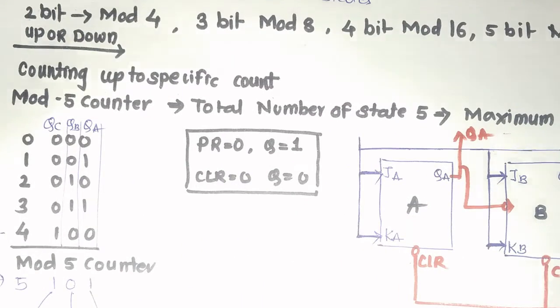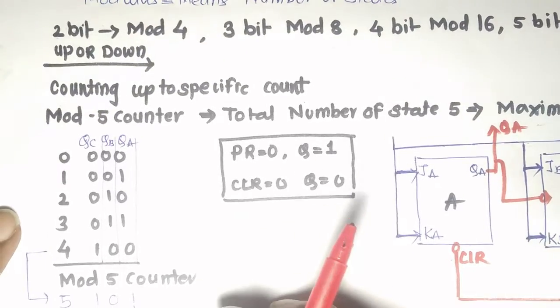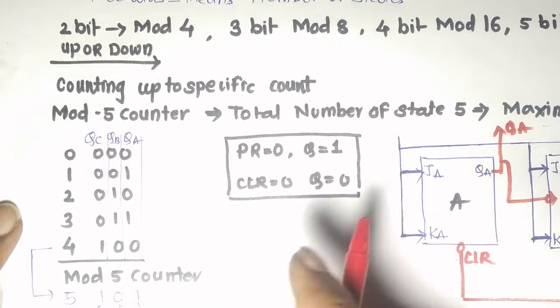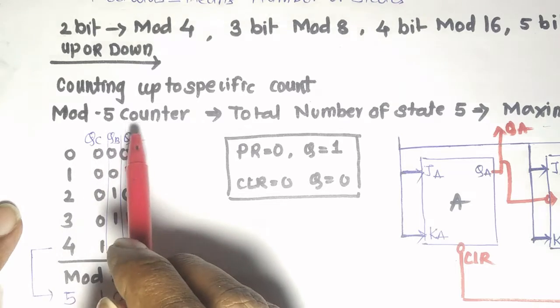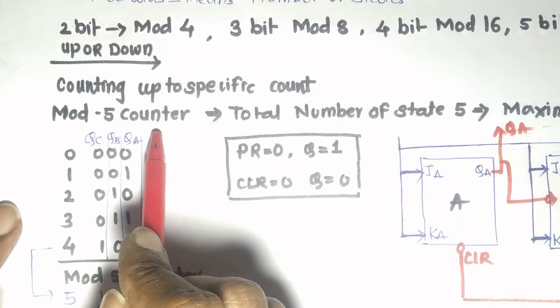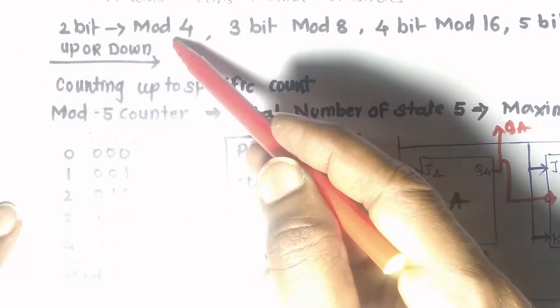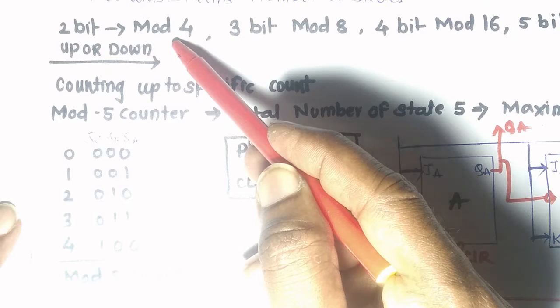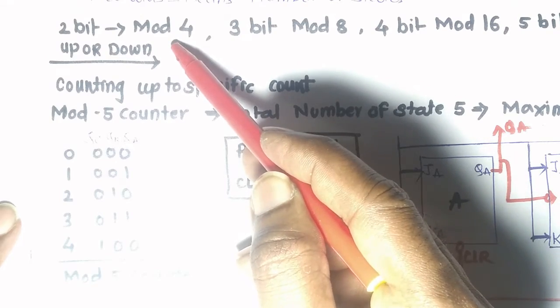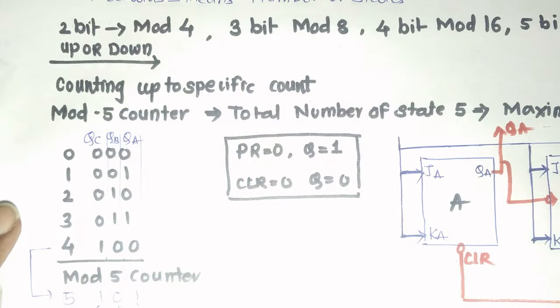Now to design this mod 5 counter, we have to consider the states. It is not possible to use a 2-bit counter because there are only 4 states.